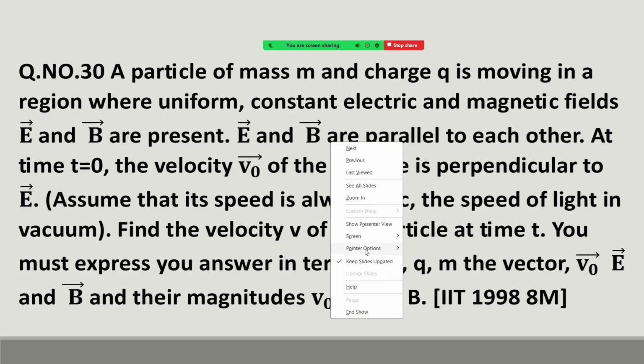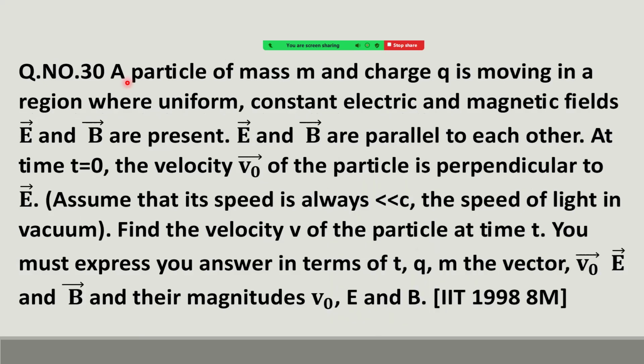Let's see the question given. A particle of mass m and charge q is moving in a region where uniform, constant electric and magnetic fields E bar and B bar are present. E bar and B bar are parallel to each other. At time t equal to 0, the velocity V naught bar of the particle is perpendicular to E bar.